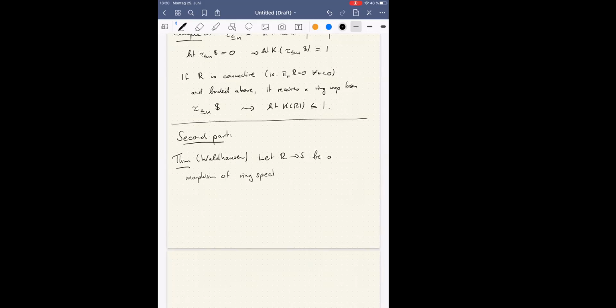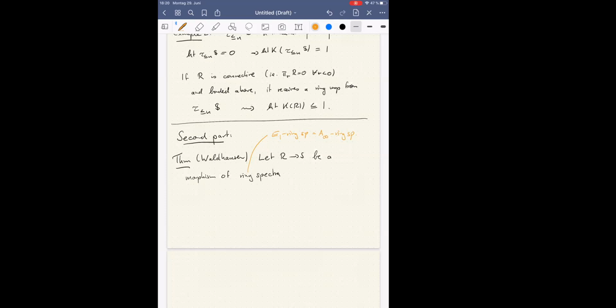I should say, when I say ring spectra, I will usually mean what are called E1 ring spectra, also known as A-infinity ring spectra. Suppose the homotopy groups of R and S are connected.